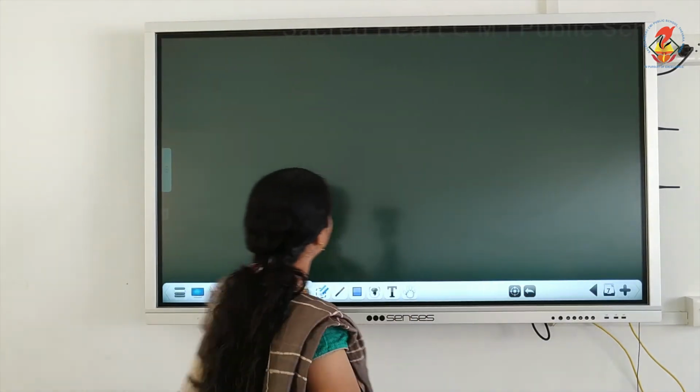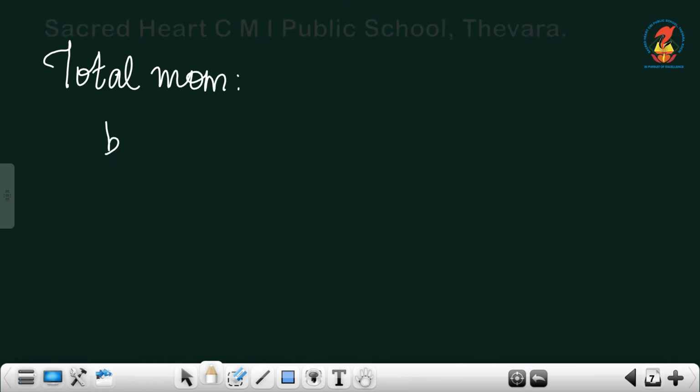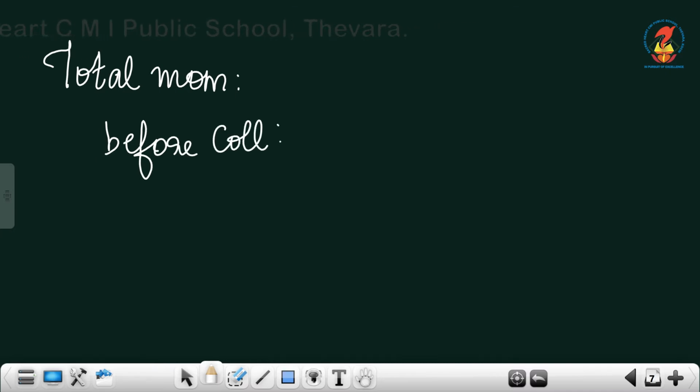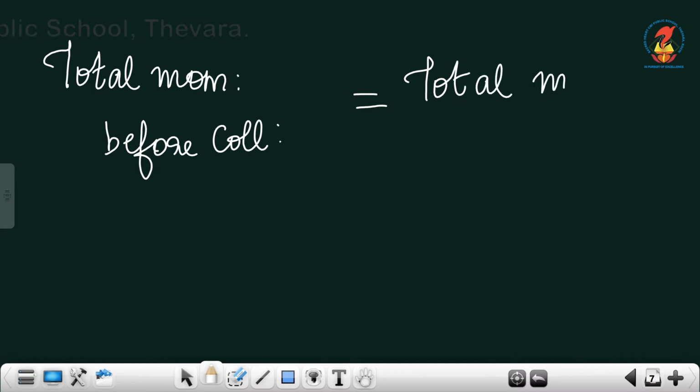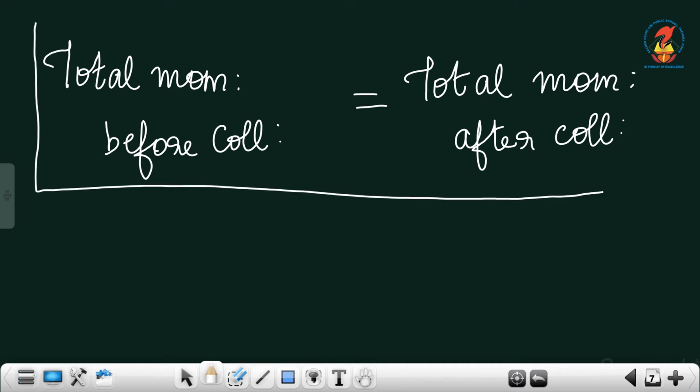That is, total momentum before collision will be equal to total momentum after collision. This is the mathematical formula for the law of conservation of momentum.